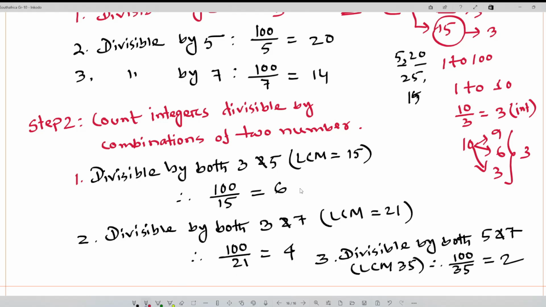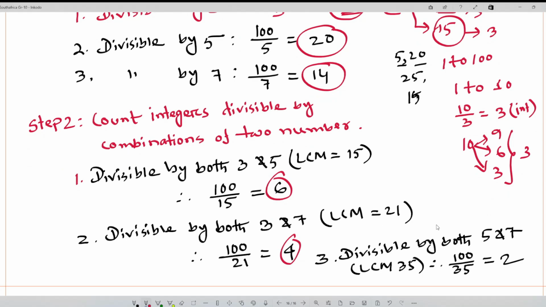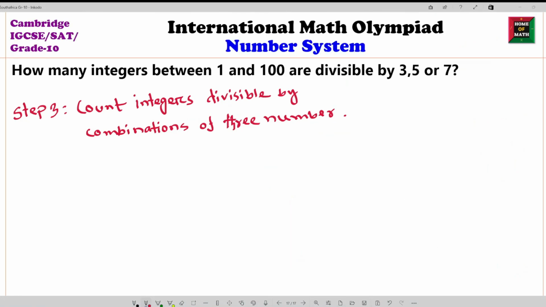So here we get answers like 33, 20, 14, 6, 4, 2, and we have one thing remaining, which is step 3, where we will count those divisible by a combination of 3 numbers. So we can write divisible by 3, 5 and 7.